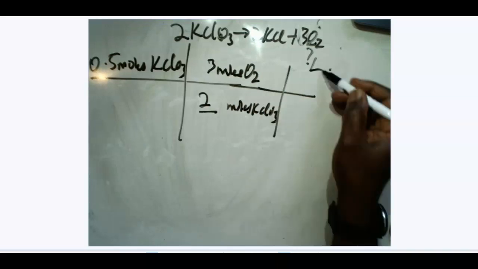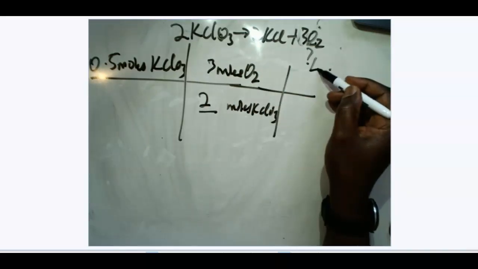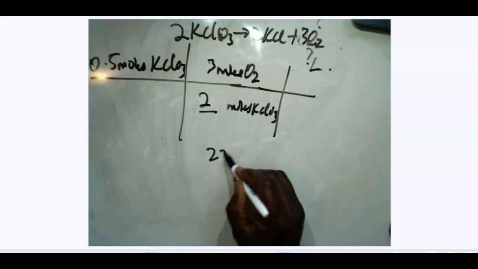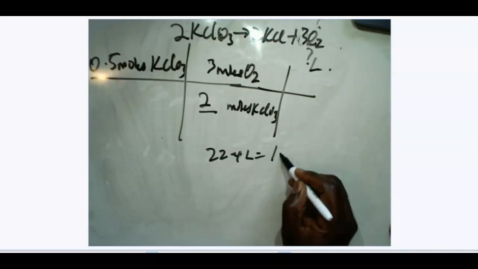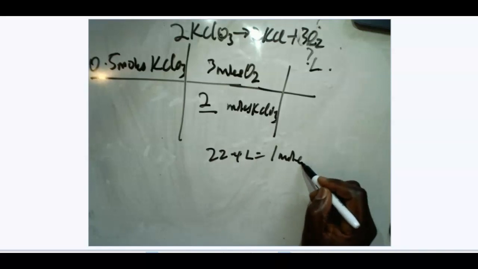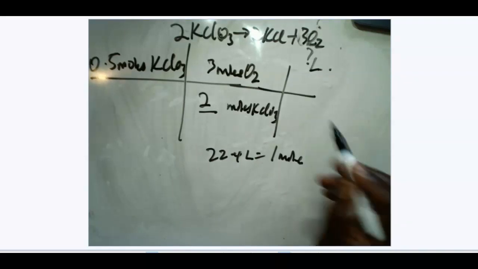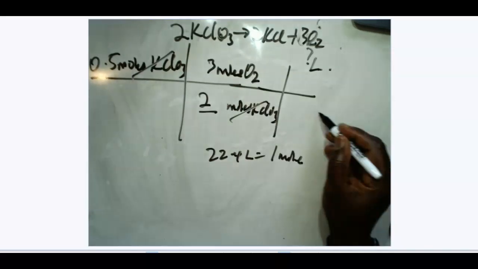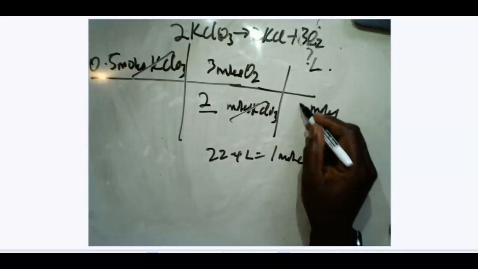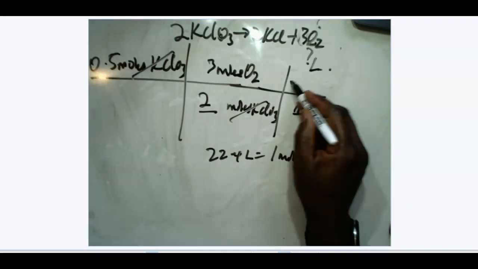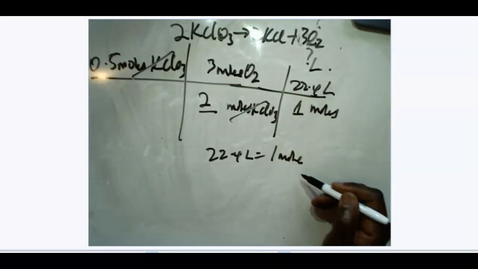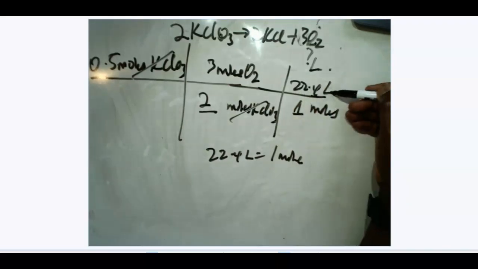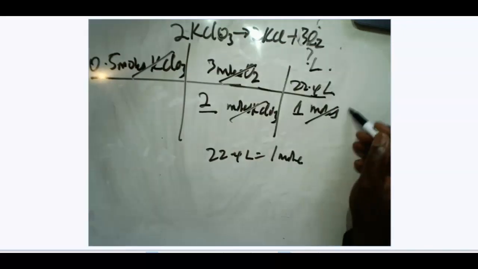And because we're looking for volume, liters, we have to remember that 22.4 liters equals 1 mole of any gas. So if moles of KClO3 cancel moles of KClO3, moles of oxygen will be at the bottom here, which is 1 mole always. And that is 22.4 liters. 1 mole of a gas occupies 22.4 liters. Mole of oxygen will cancel mole of oxygen.